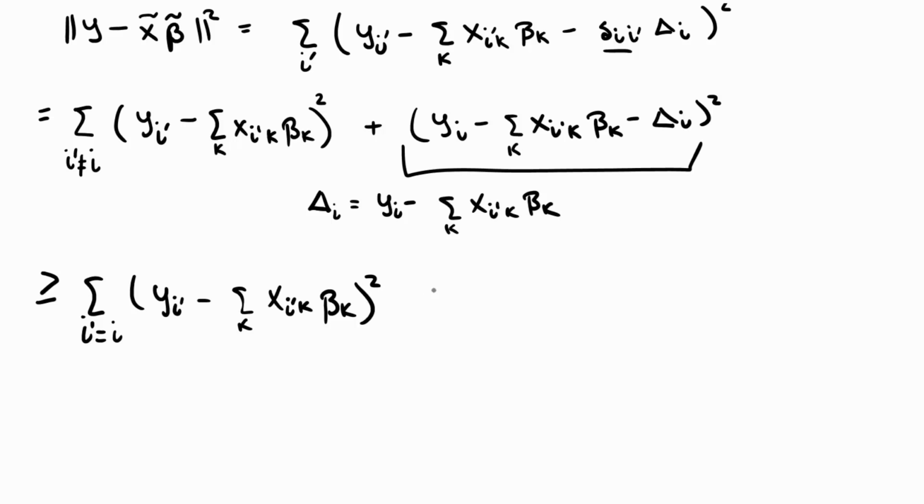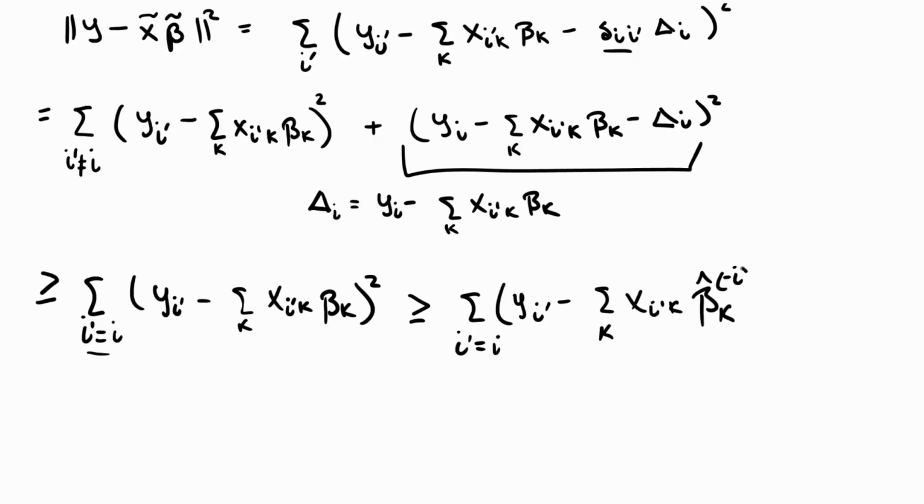Well, we know when this is minimized, that's going to be greater than or equal to what I get if I just plug in my least squares estimate, where in this case, notice the sum is over everything except the ith data point. So I just plug in my least squares estimate where I've deleted the ith data point, which I'll call beta hat_k(-i), meaning the least squares estimate where I've deleted the ith data point.